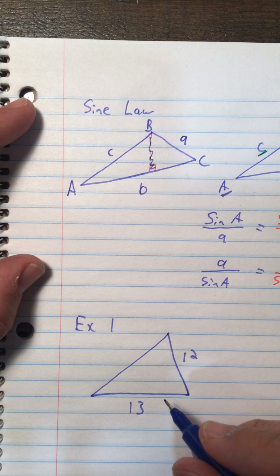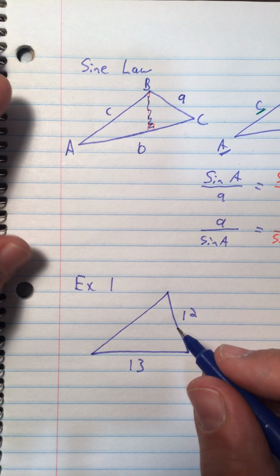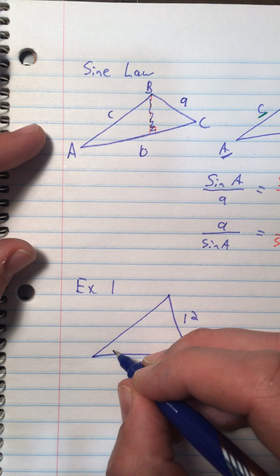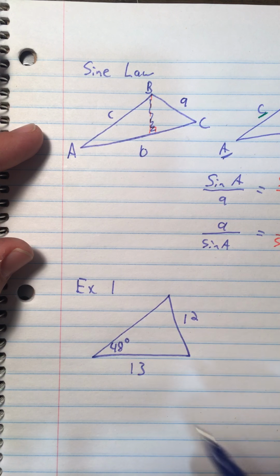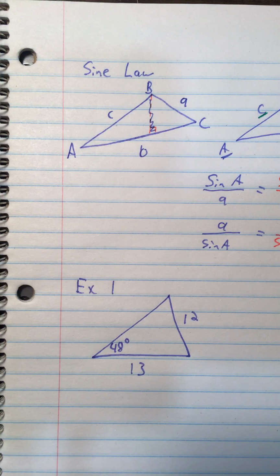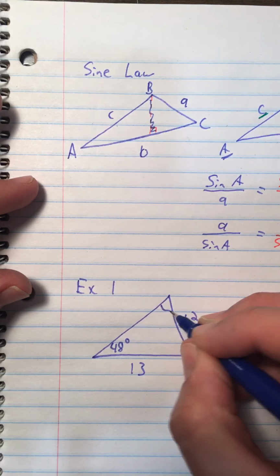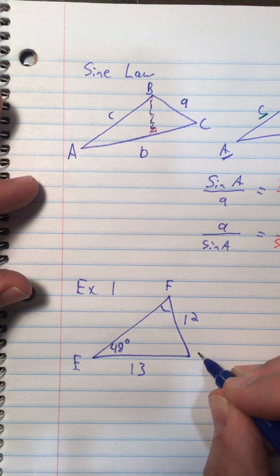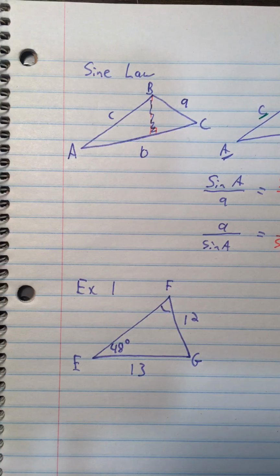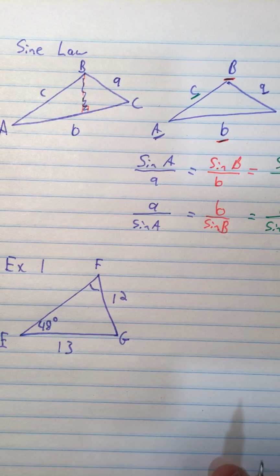Let's say we want to find angle F. We need to set up a ratio. When setting up the ratio, I always have something equal to something else, and to make your life easier, I always put our unknown top left.